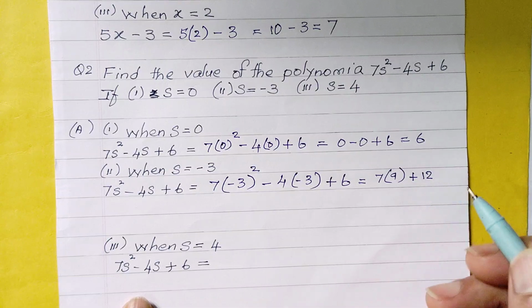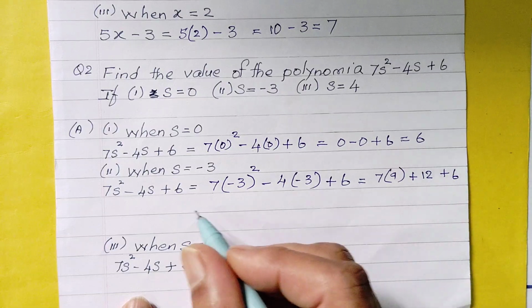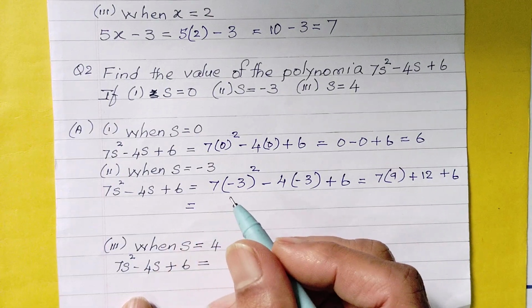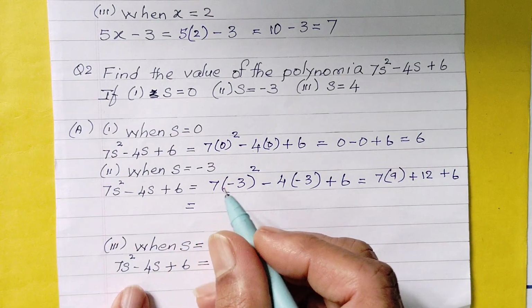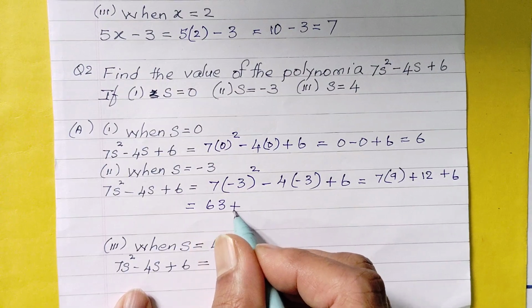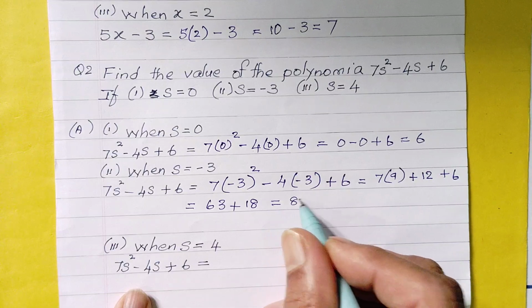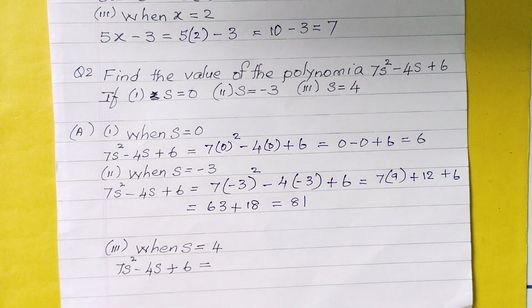Minus 4 into minus 3 is plus 12, plus 6. That's equal to 7 9s are 63 plus 18. That's equal to 81.